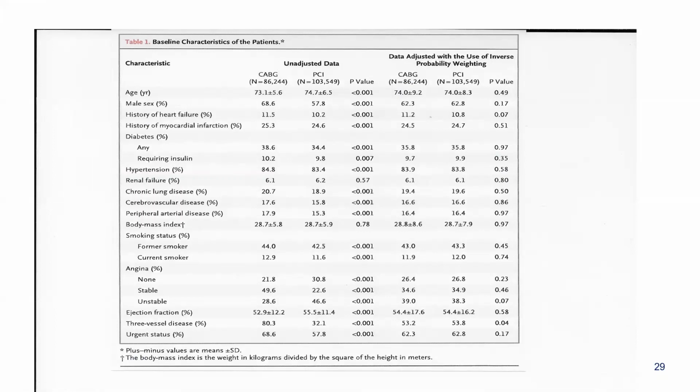But you can see that in the unadjusted data between the CABG and PCI, there's virtually statistical significance for every variable except a couple here. And of course that would be expected, because with this large of an N, most every difference is going to be statistically significant.